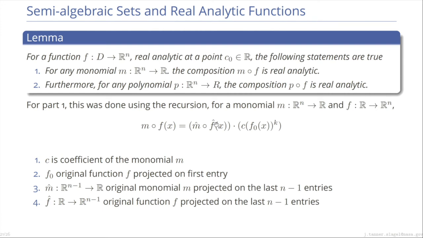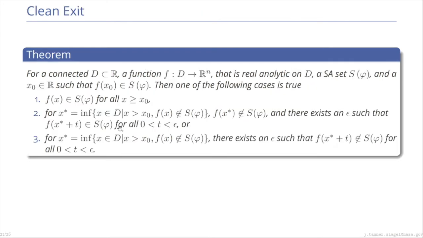This is analytic by the inductive hypothesis, and so the product of them is also analytic. So it was really induction to show the monomial composed with real analytic was real analytic, as well as the polynomial, the general multivariate polynomial.